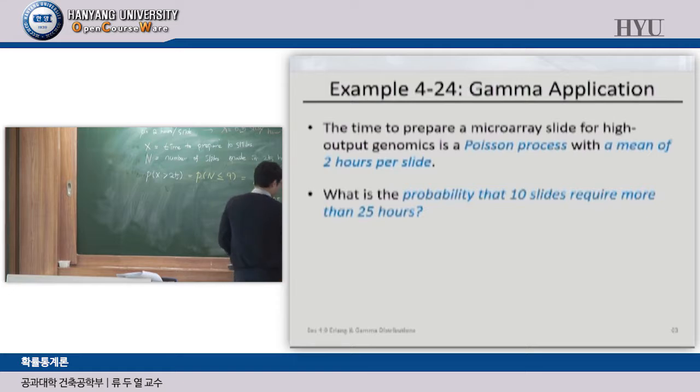And this will be e to the minus 12.5 times 12.5 to the 0's power over 0 factorial, and so on, plus e to the minus 12.5 times 12.5 to the 9th power over 9 factorial.